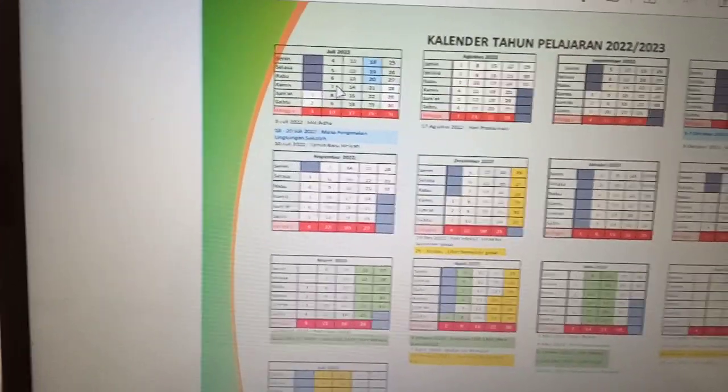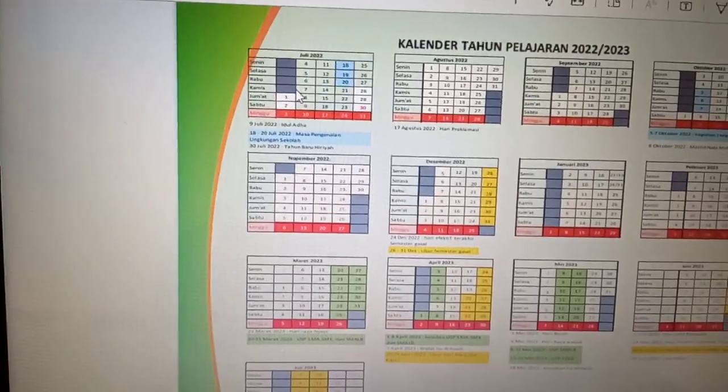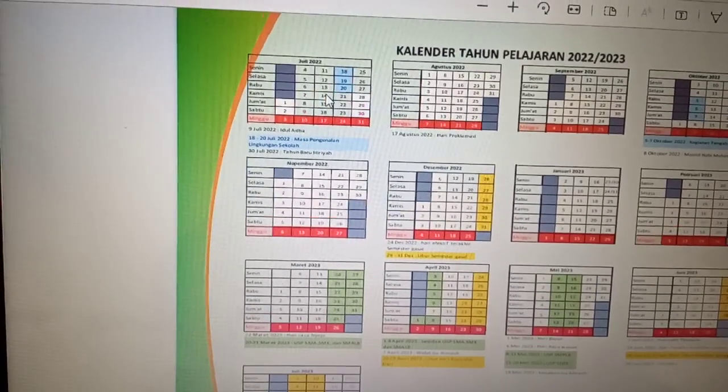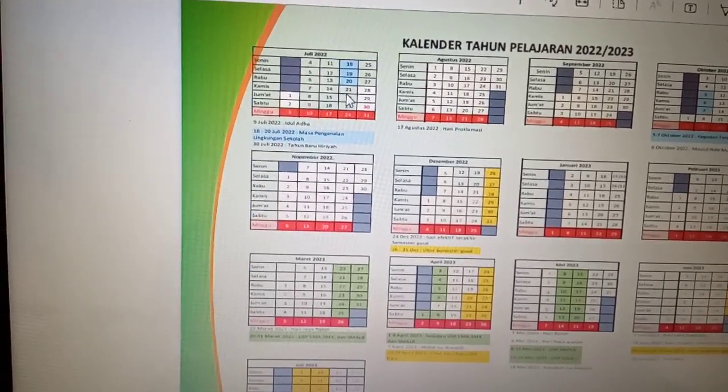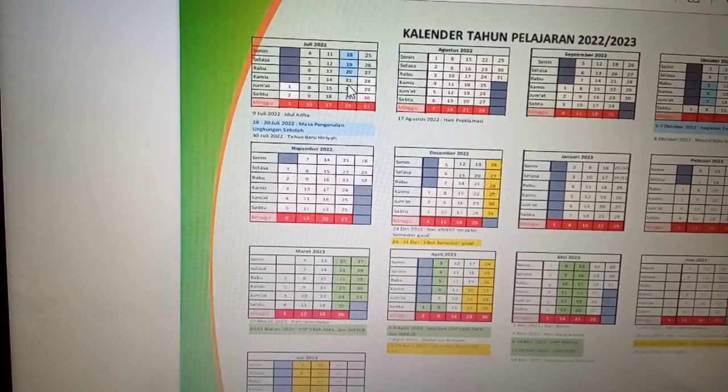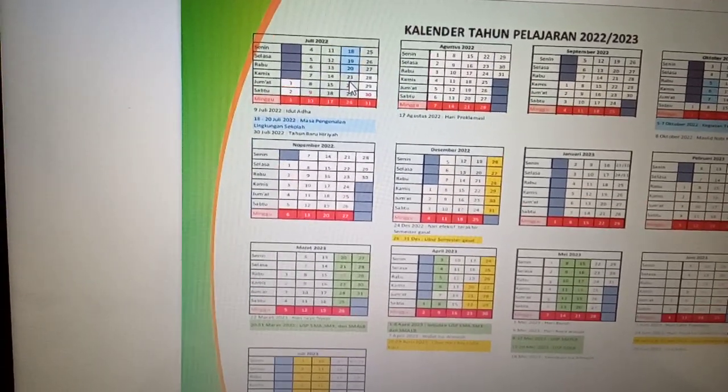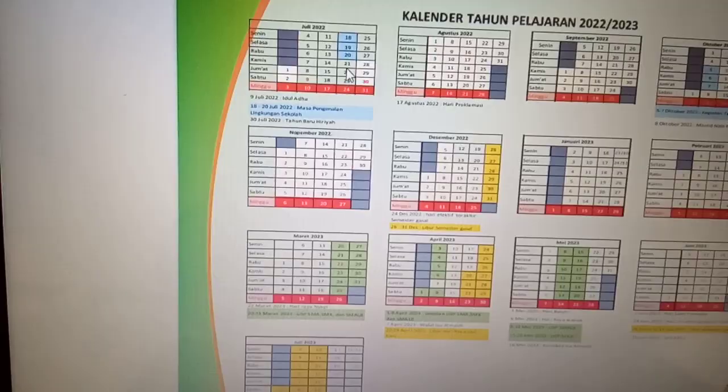So how many weeks are there? 1, 2, 3, 4 weeks. There are 4 weeks in the month of July.